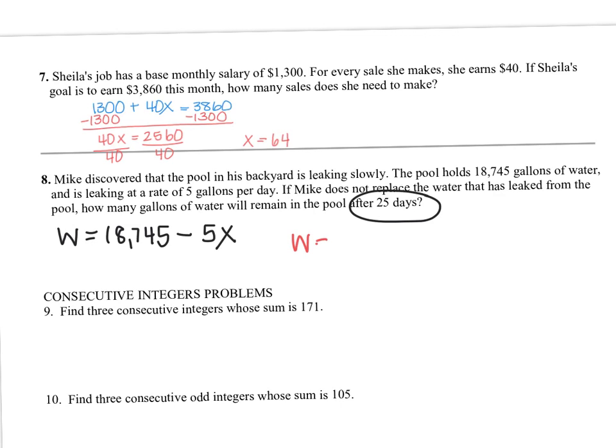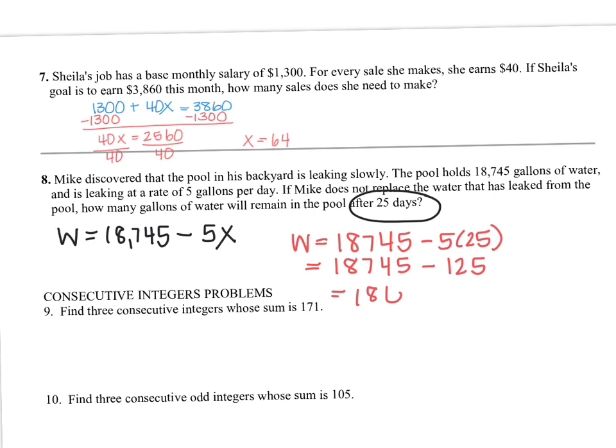The water will equal 18,745 minus 5 times 25, which is 18,745 minus 125, which is 18,620 gallons remaining after 25 days.